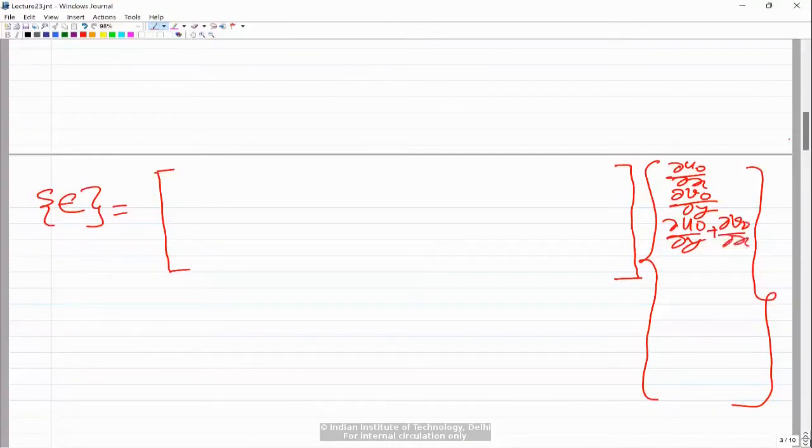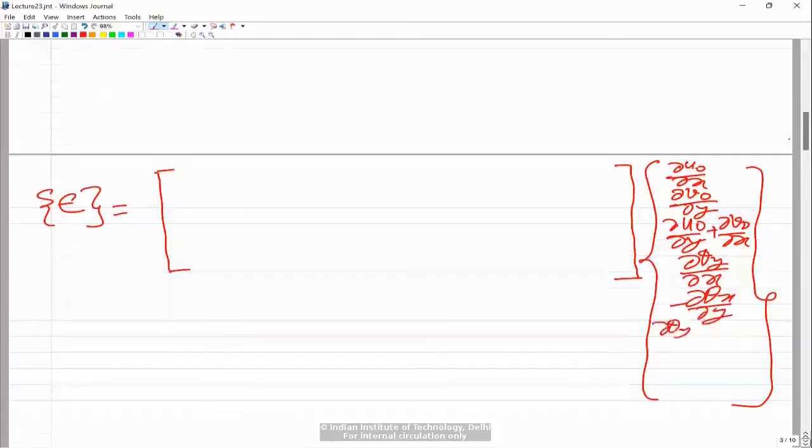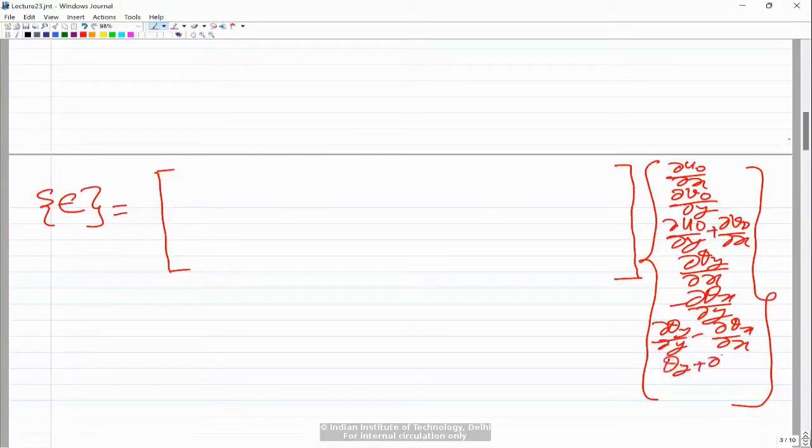Then the curvature terms which come with the z: del theta y by del x, minus del theta x by del y, and then del theta y by del y minus del theta x by del x. And then we have the transverse shear strains: theta y plus del w by del x, and theta x plus del w by del y.